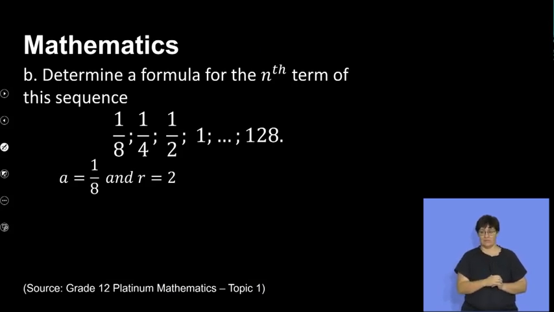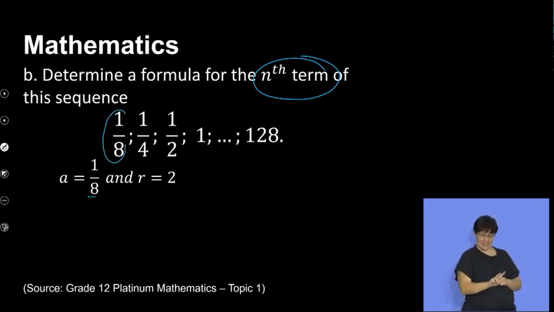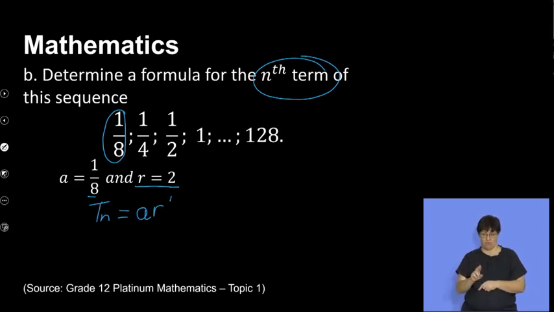So we need to now determine a formula for the nth term of the sequence. We can see that a is an 8th just because that is the first term in the sequence. And my common ratio, which I found in A, is 2. For finding the nth term, we know that Tn is equal to a r to the power of n minus 1.